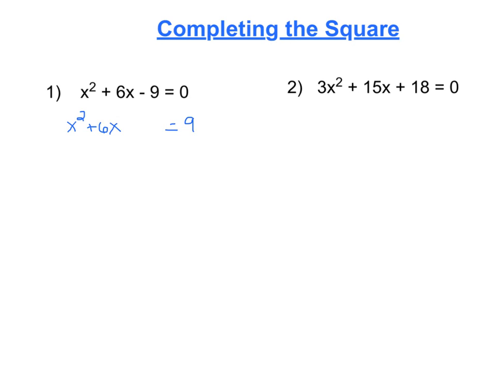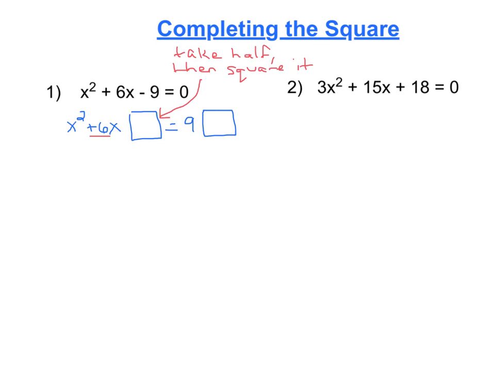All right, so now I like to put an empty box right here where I left a space, and we're also going to put an empty box on the right-hand side of the equation. Now we're going to put a number in that box. To find the number that goes in the box, you're going to look at the term before it, the positive 6, and take half of that number, half of 6, and then you're going to square it.